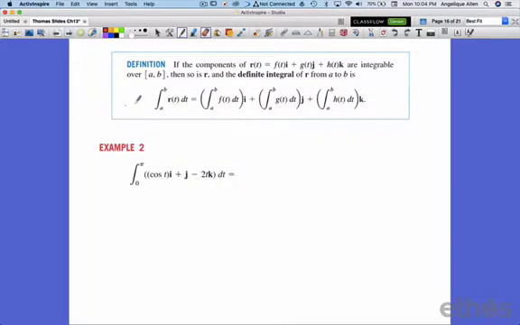Okay, so if you're going to take the definite integral of a function r of t that's a vector valued function, then you're just going to do a separate integration on each component and evaluate it from a to b.